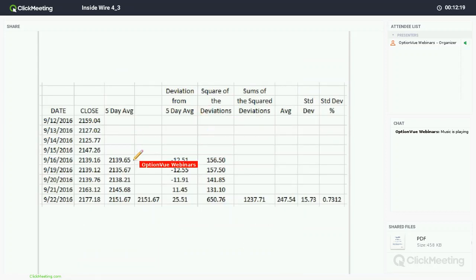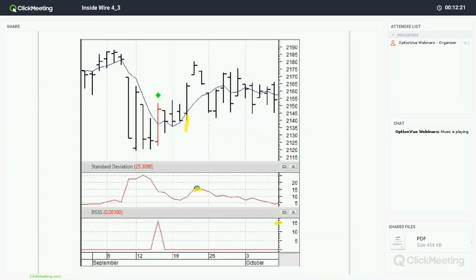So what I'm doing is walking through this, and let me just show you how this works. 1, 2, 3, 4, 5. So let's see, 19, 20, 21. We're taking this 5 days later, and basically standard deviation is taking the difference between, and let me just switch colors quick, the moving average at this point and the closes.